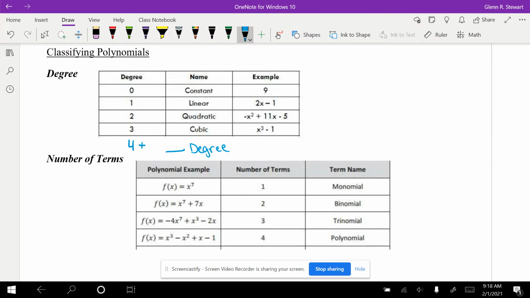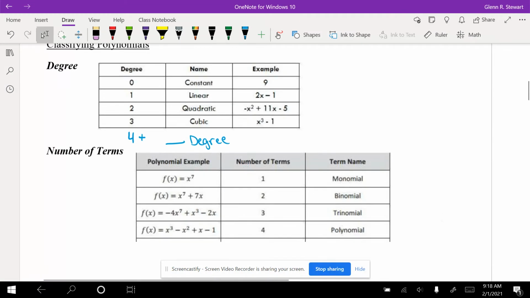With degrees, if we have 0 degrees, that's what we call constant. If we have 1 degree, that's linear. 2 degrees, that's quadratic. 3 is cubic. And then 4 or more, we just say 4th degree or 5th degree and so forth.